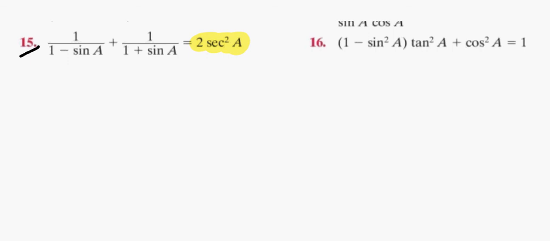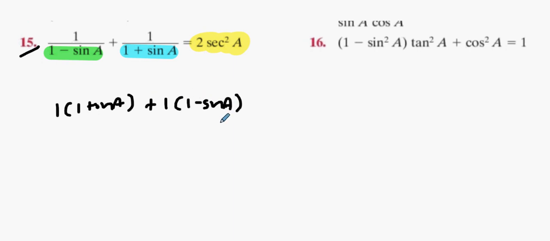Next thing I'm going to do is get a common denominator. I'm just going to highlight them with colors. The blue denominator goes above the green denominator, so it's going to be 1 times 1 plus sin a. And then the green denominator goes above the blue denominator, which is going to be 1 times 1 minus sin a. And then it's the green denominator multiplied by the blue denominator, which is 1 minus sin a.